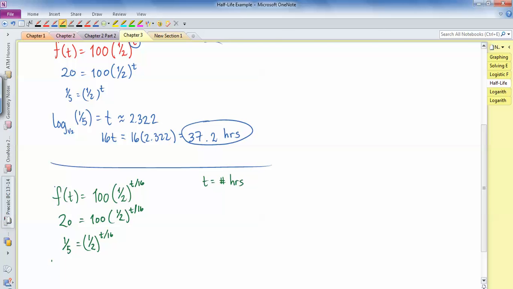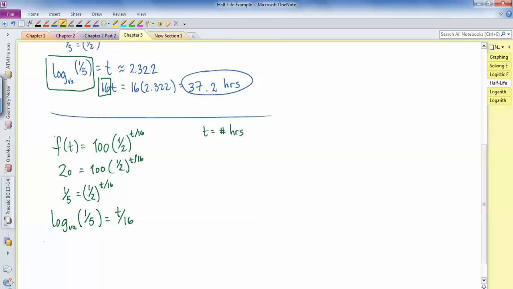Then if I just rearrange it in log form, I get log base 1/2 of 1/5 equals t over 16. Notice that's the same thing as this. Then I'm going to multiply by 16, so that's what I'm doing right here: 16 log base 1/2 of 1 over 5. If you plug that into your calculator, you're going to get 37.2 hours.